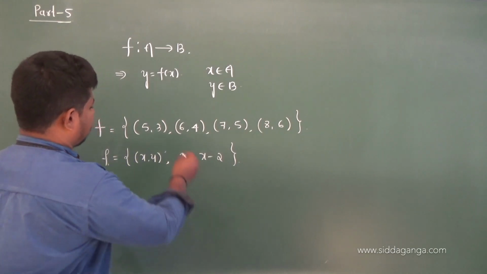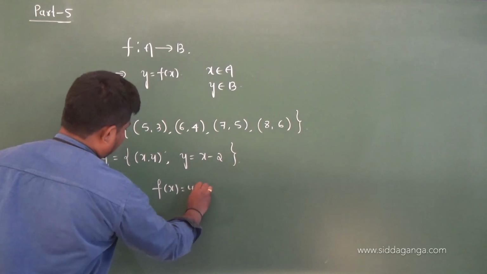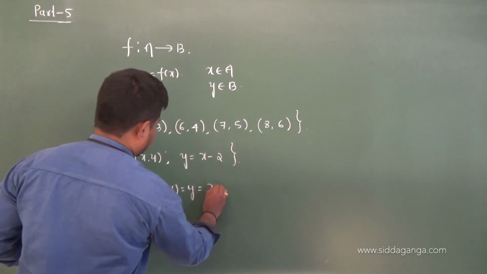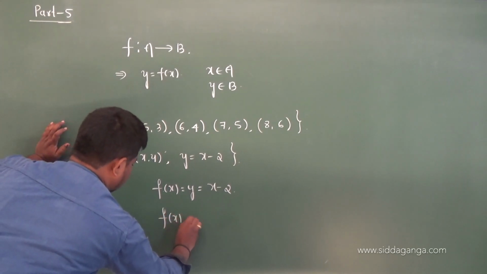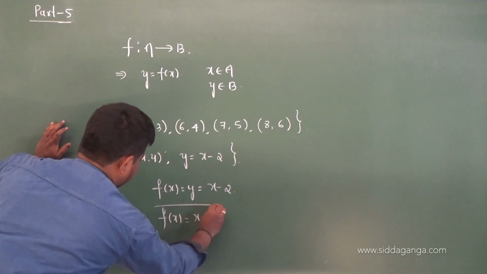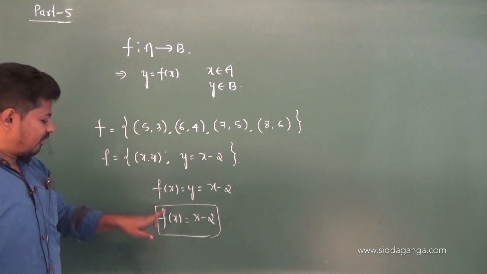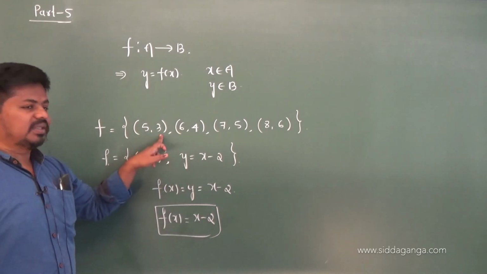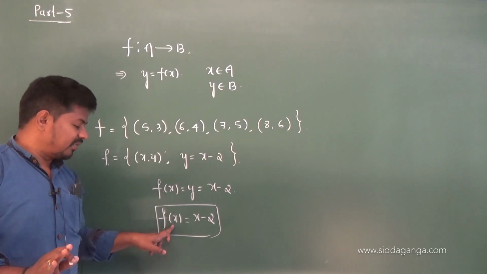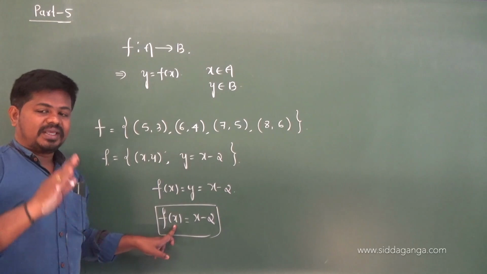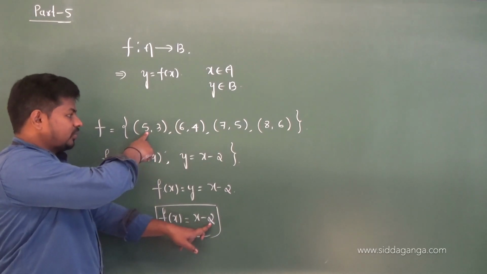So this function can also be written as y is equal to f of x is equal to x minus 2, or simply f of x is equal to x minus 2. This is the representation of a function, because when x is 5, f of 5 is equal to 5 minus 2, you get 3. f of x is nothing but the y value. f of 5 is the range value, 5 minus 2, that is 3.